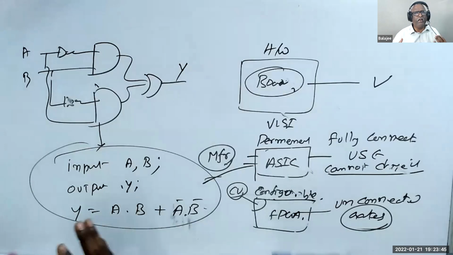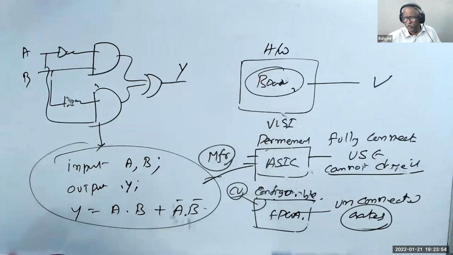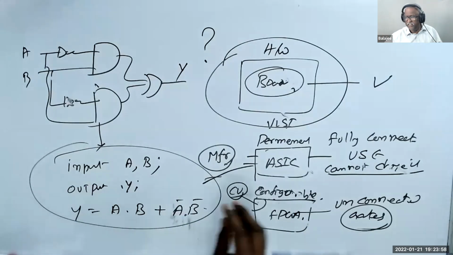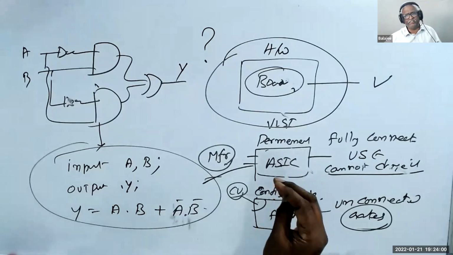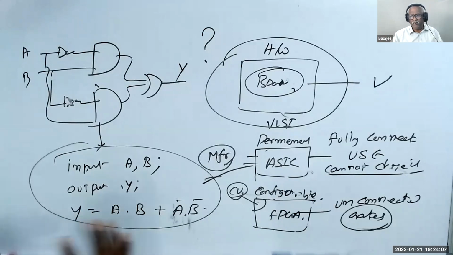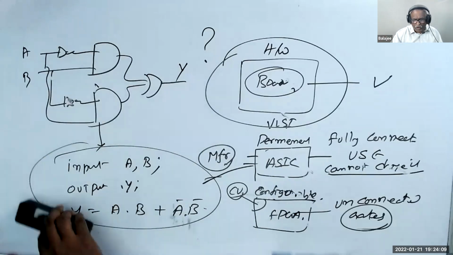So for a product, there's a board. There's no question at all in this. And nowadays, we start putting everything into the ICs. That is also fine. Then what is the third one? I'll explain all the three, then we'll compare all the three.